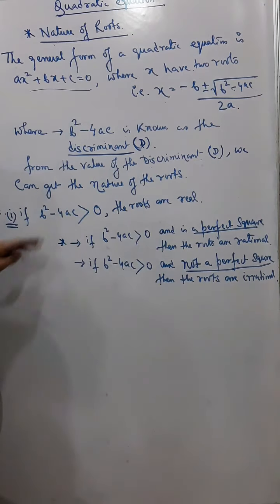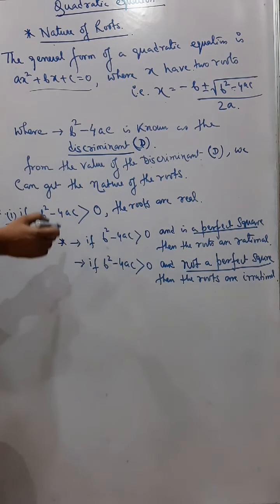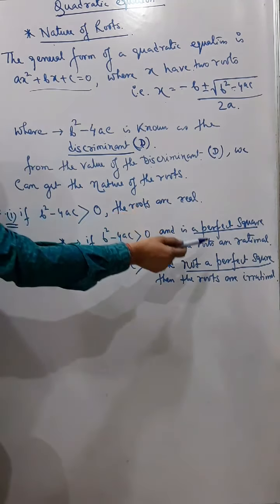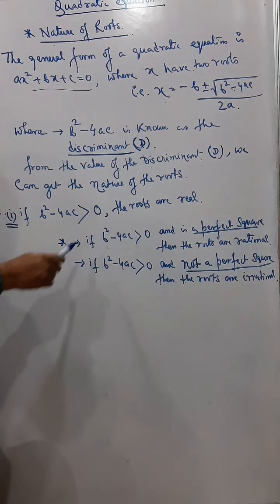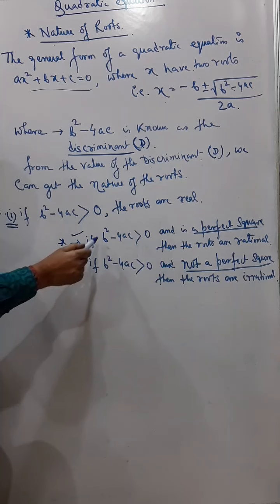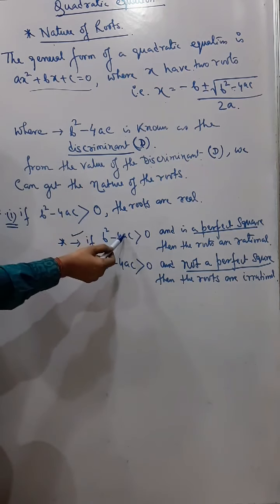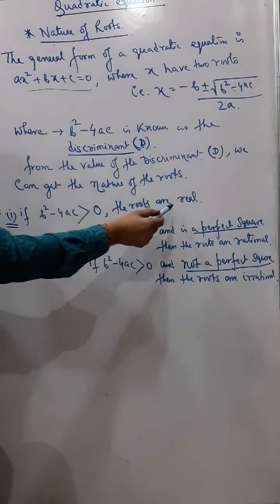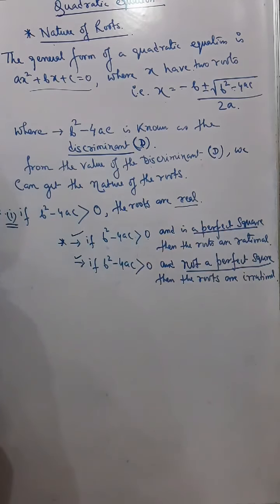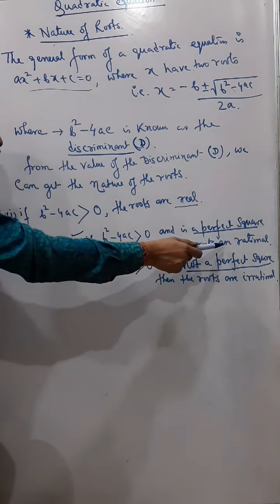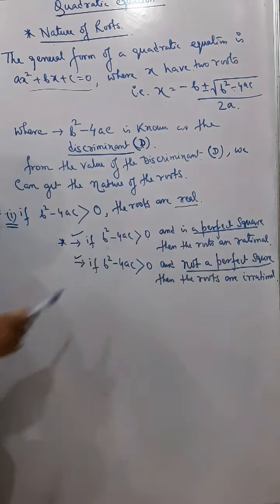In fact, we say the roots are real numbers. And now that real number can be a rational number and the real number can be an irrational number. Now for that also we can find in this way: if b square minus 4ac is greater than 0, that means it is already real, and if the number is a perfect square, then we say that the roots are rational.